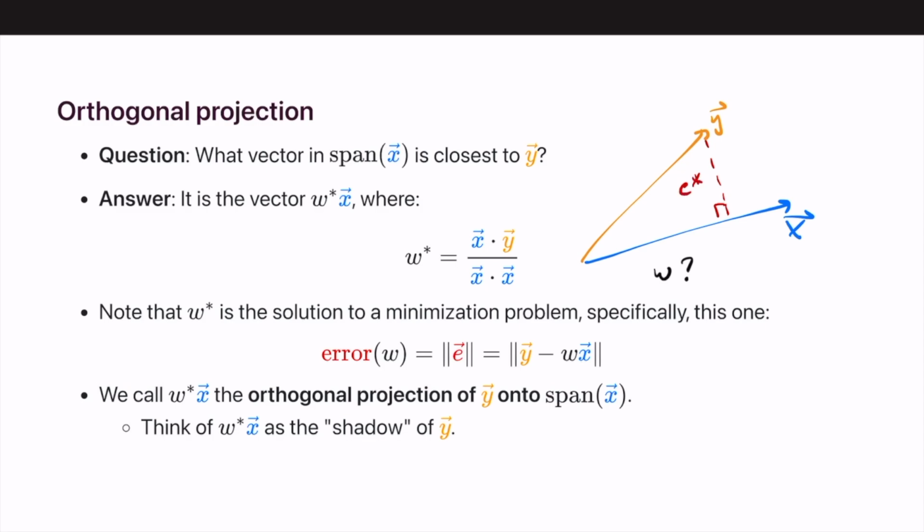We want specifically the minimum possible length of E, and E does that when E is orthogonal to X. So this W is how we're scaling the span of X. But what we really want to think about is when we go to more than one X.